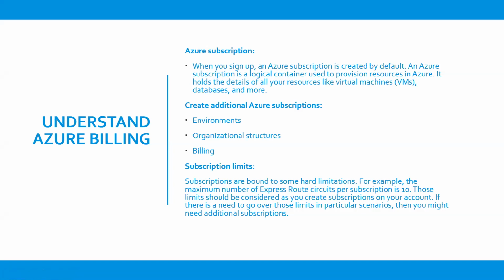When you sign up, an Azure subscription is created by default. So you get $200 credit. And also you can create additional Azure subscriptions and organizational structures. If you need a separate subscription for each department, you can do that.